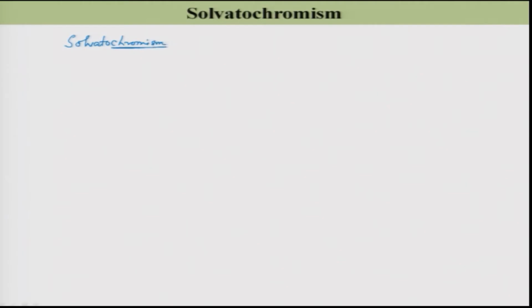So, here solvatochromism means, chromo means color, right, and solvato means solvent. So, this shows solvent dependent coloration. So, if you put this molecule in water, it will give you one color. When you put it in alcohol, it will give you another color. When you put it in ether, it will give another color, and so on and so forth.